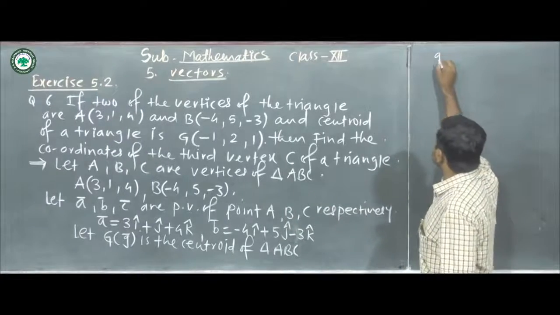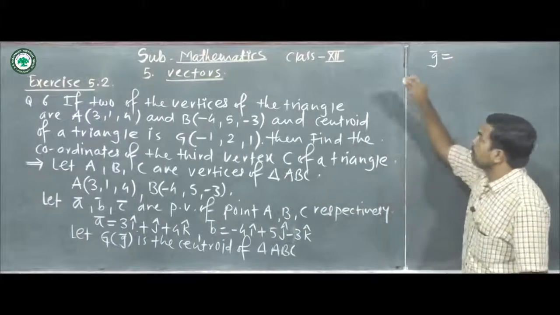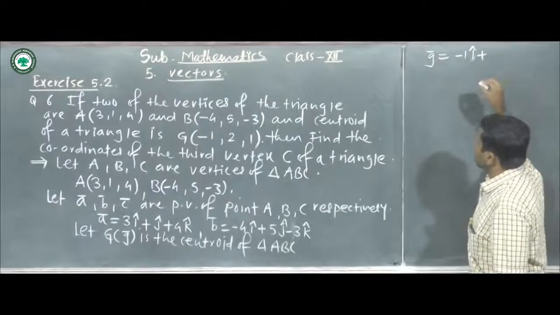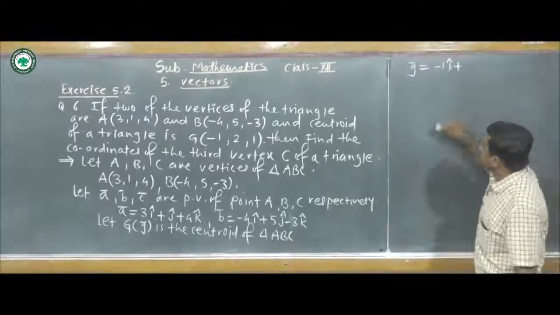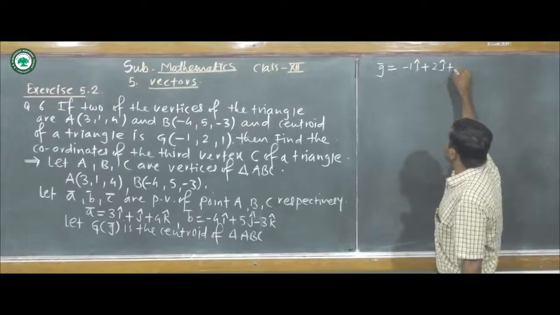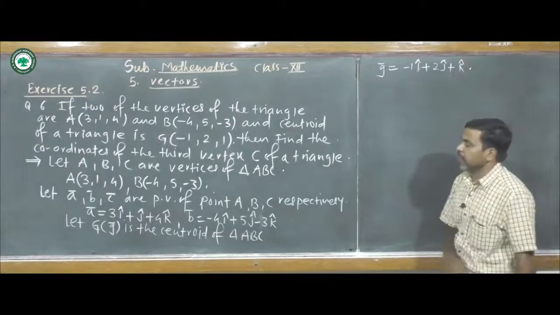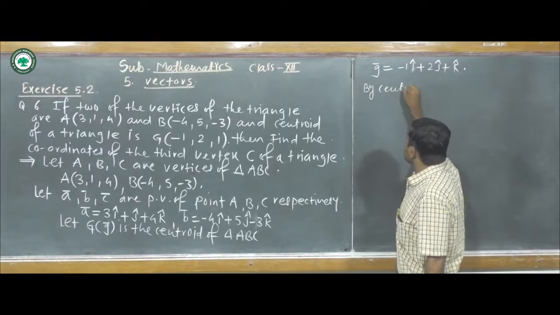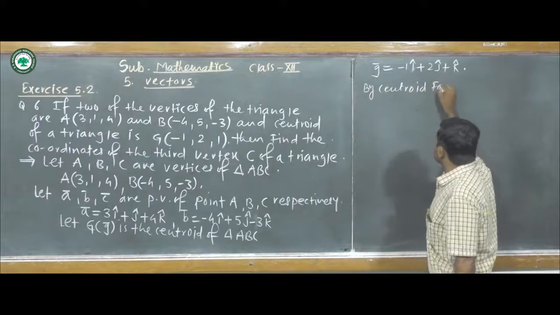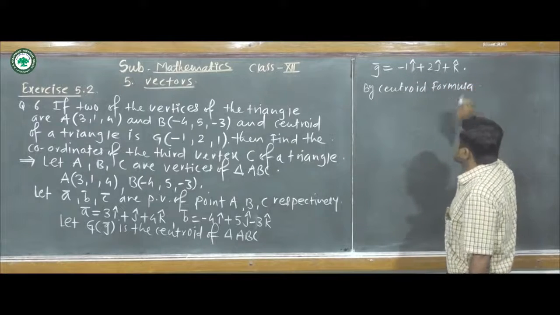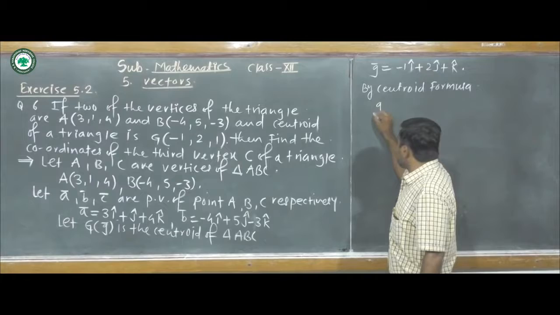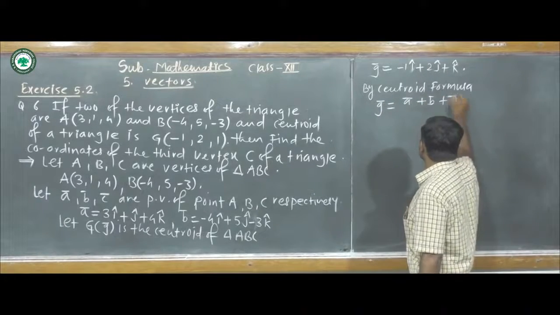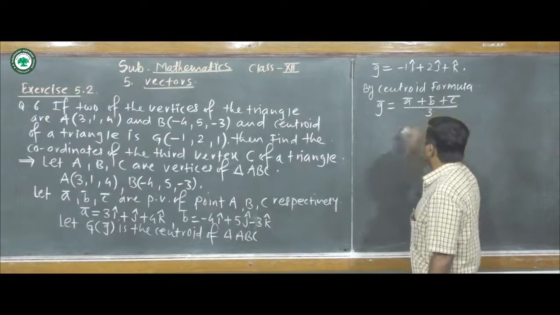Therefore g bar is equal to -1 into i cap plus 2 into j cap plus k cap. So by the centroid formula, g bar is equal to a bar plus b bar plus c bar divided by 3.